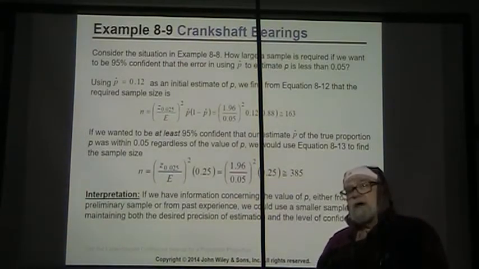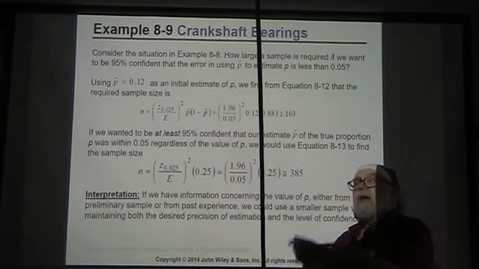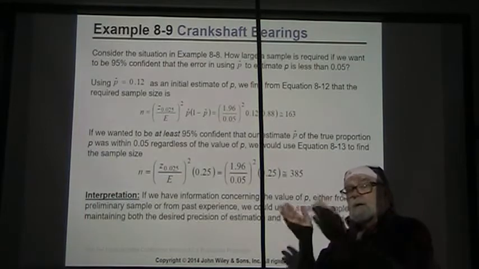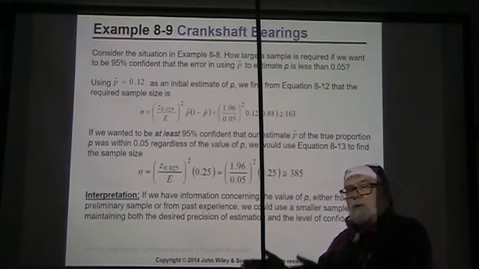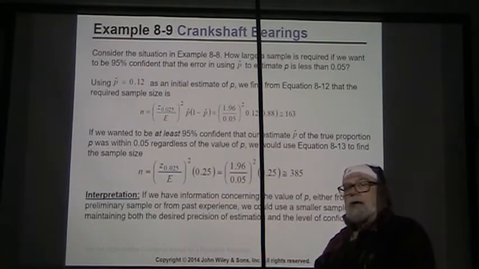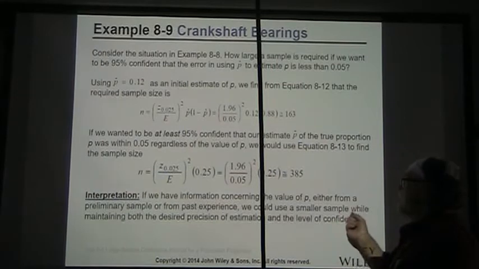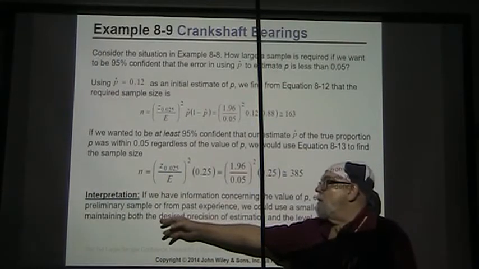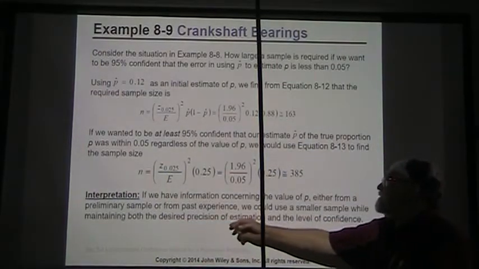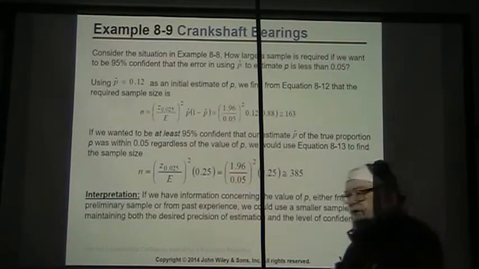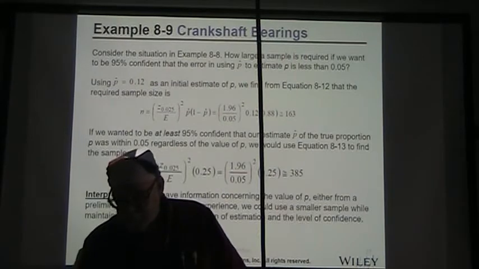Very often in industrial settings, we keep a running total of where our binomial proportion is. We can use a smaller sample while we have the desired precision and a good level of confidence. All right.